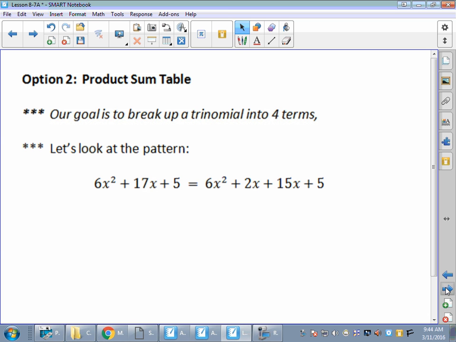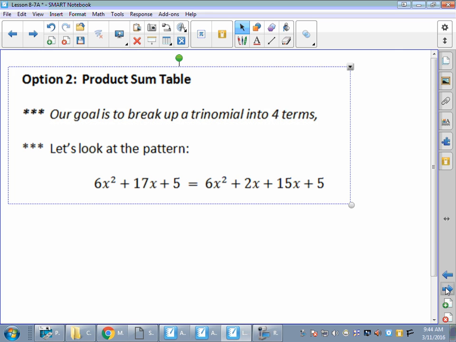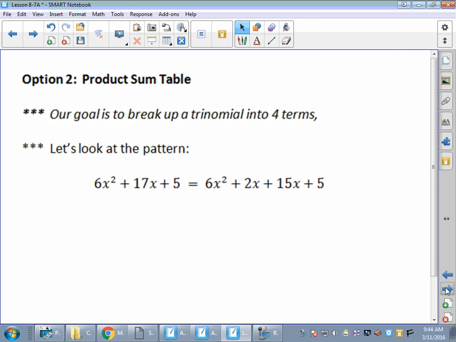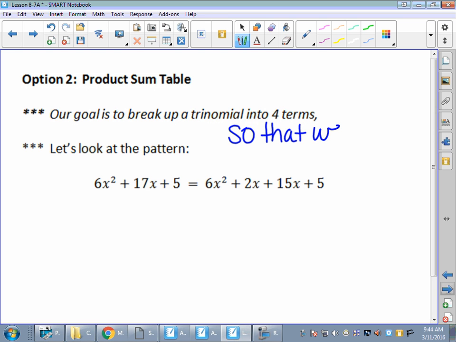So when we make a product sum table, product means multiply, sum means add, our goal is to break up a trinomial into 4 terms from our original 3, so that we can factor by grouping. 4 terms is what we did in lesson 8.5b, right? In 8.5b, we had 4 terms. So we can factor by grouping.